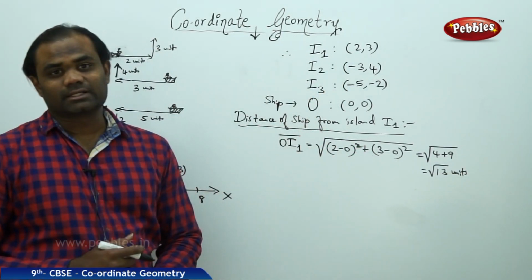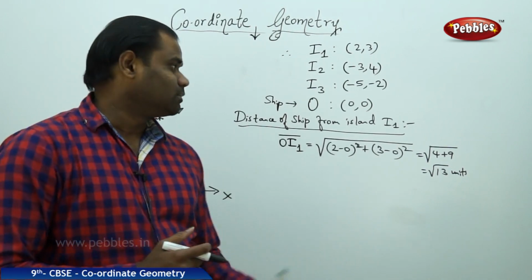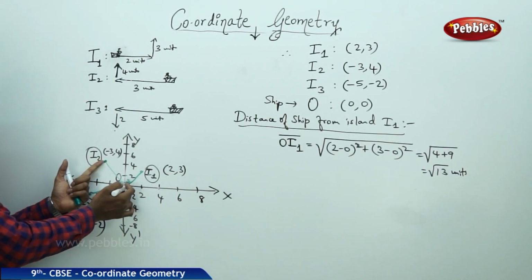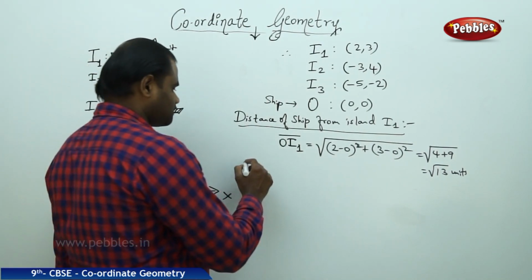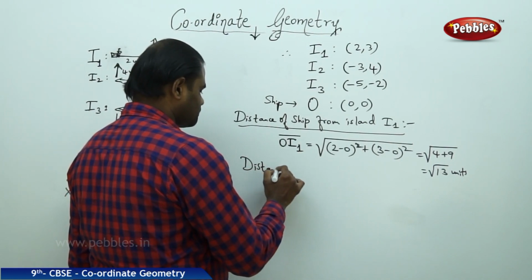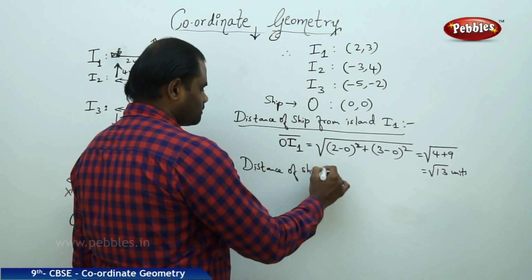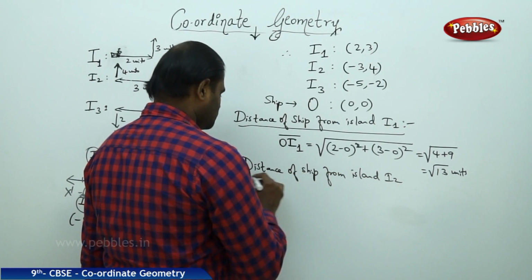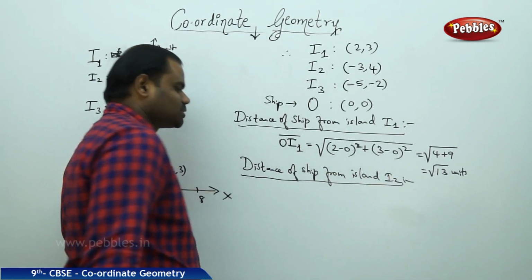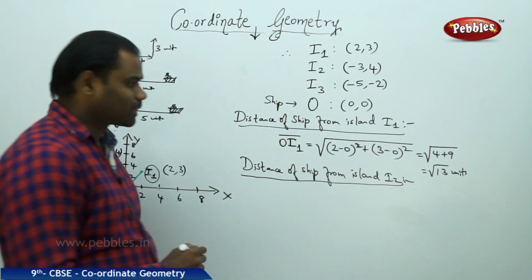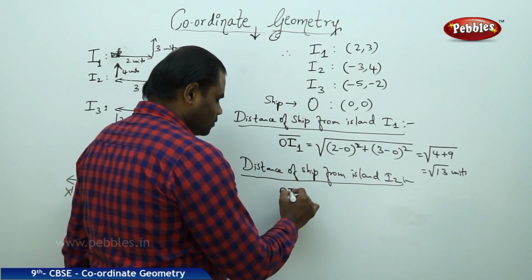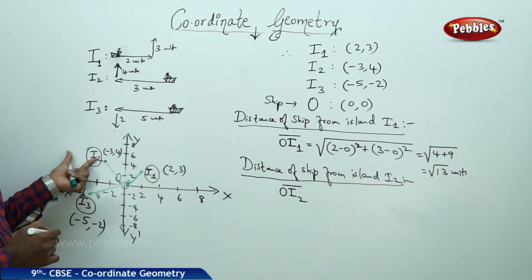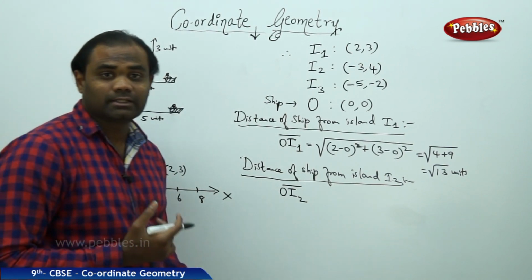Similarly, my next target is to find the distance of the ship from island I2. So the distance of ship from island I2 can be found as OI2, because this is the origin and this is I2, so OI2 refers to the distance from island I2.